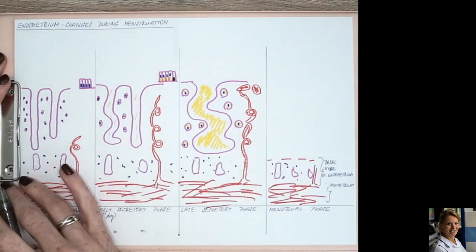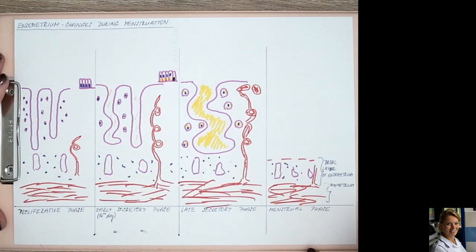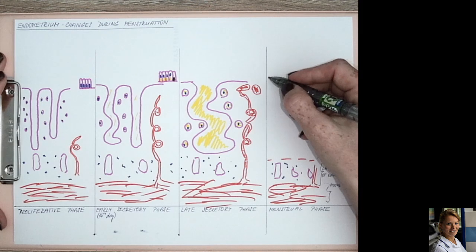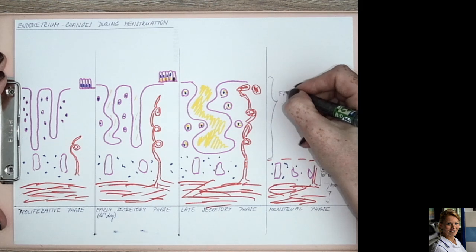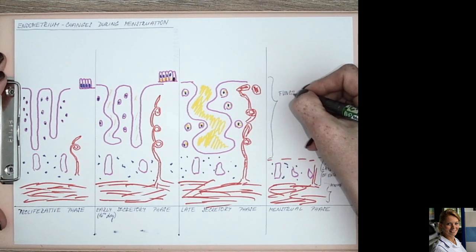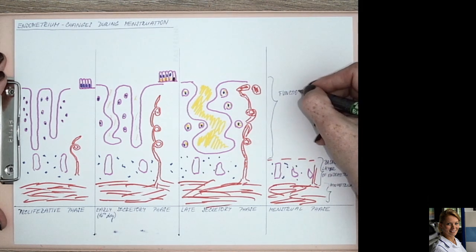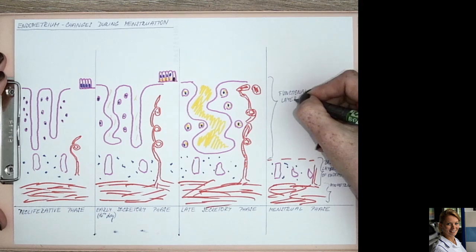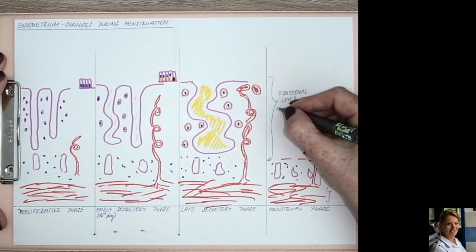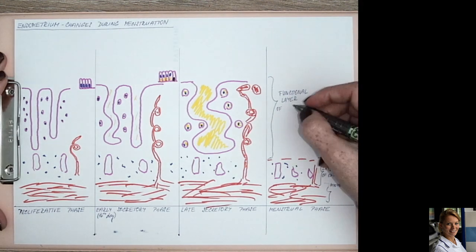It is the same for all phases. And here is a functional layer of endometrium.